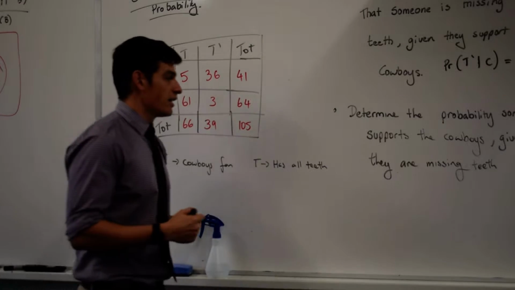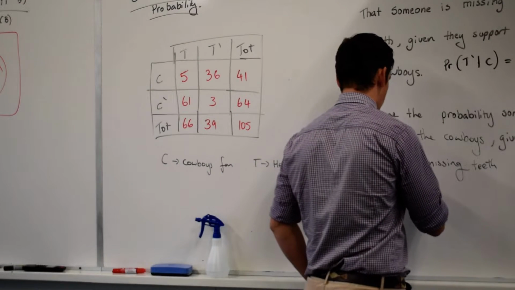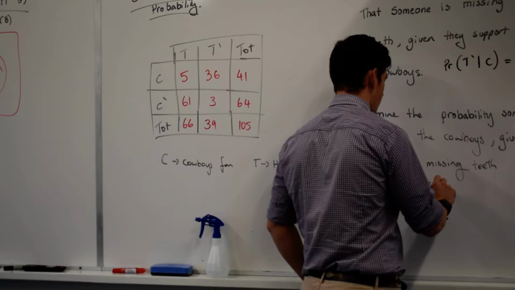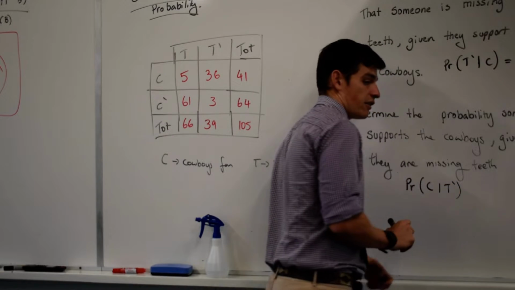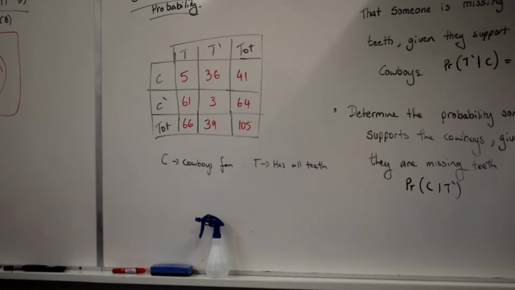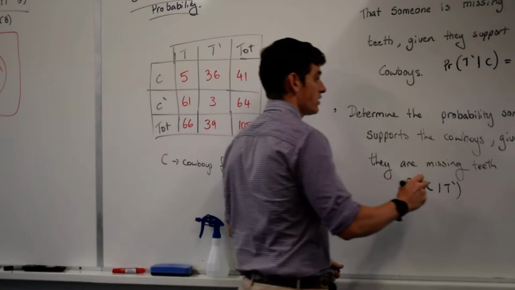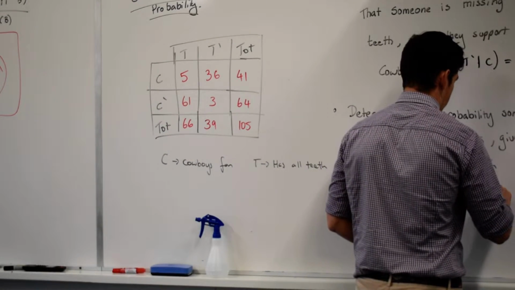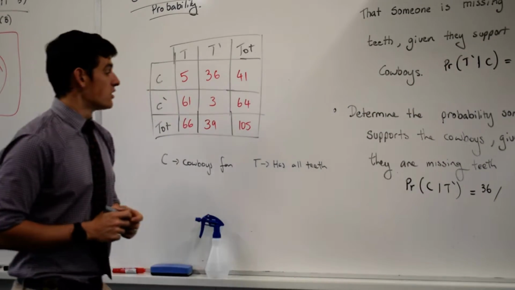So what I'm saying is, what's the probability someone is a Cowboys fan given their missing teeth? Can we see the difference? Same group is involved, correct? I still want to know about the Cowboys fan missing the teeth, so it's 36. What's different? So 39.